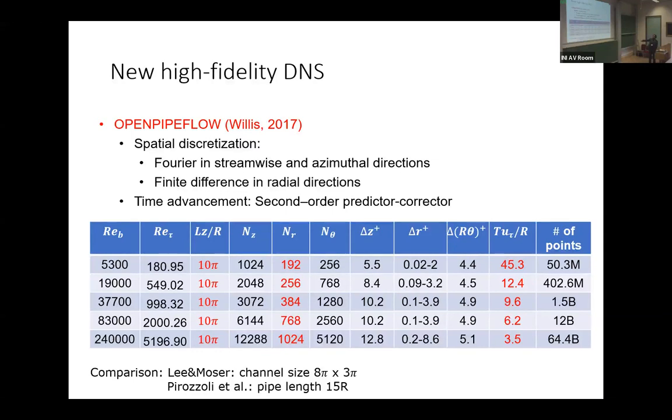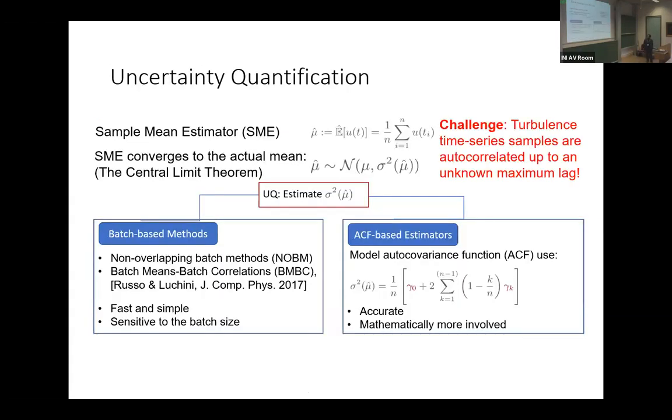So we set up a usual set of simulations going from low to high Reynolds numbers, very much inspired by MK's setup. We decided to go for a pipe with 10 pi length, just to avoid any discussions about length and so on. So it was reasonably big, not very big, but still reasonably big.